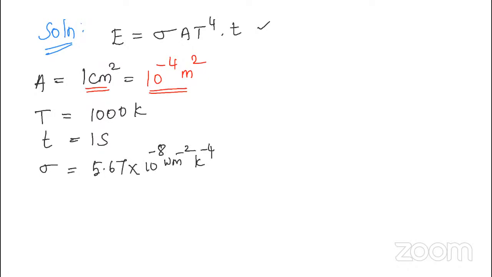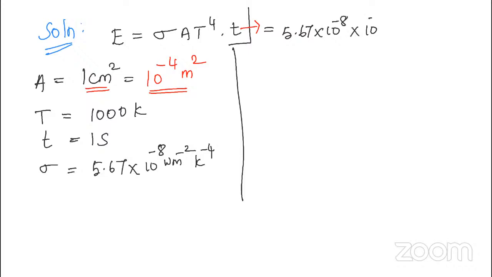Okay, so let us now substitute all the values into the formula. It is 5.67 into 10 power of minus 8 into the area value, 10 power minus 4, into the temperature 1000, the whole power 4, into time, that is 1.